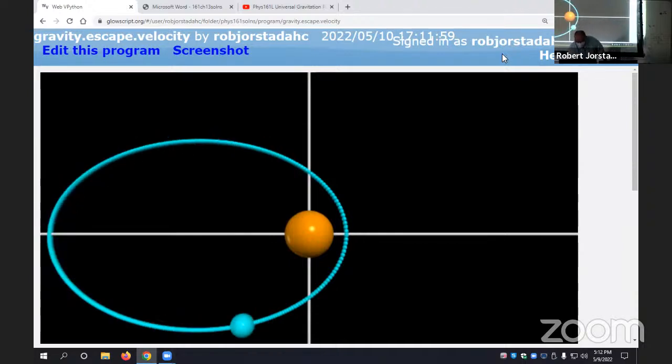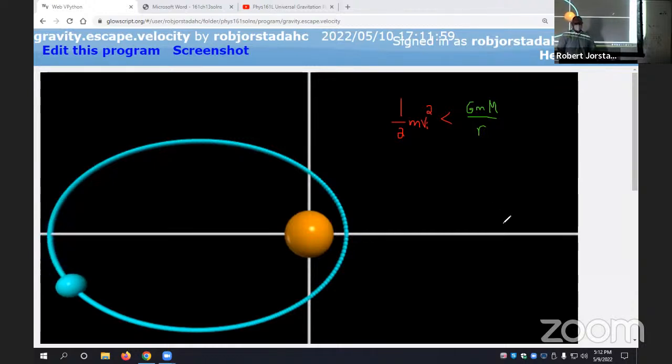So to color code this, the 1/2 mv squared initial is less than the GMm over r. Now notice I didn't put the minus sign here. That's because I moved it to the other side of the equation. So we're just talking about the size of the potential energy without the negative sign, right?